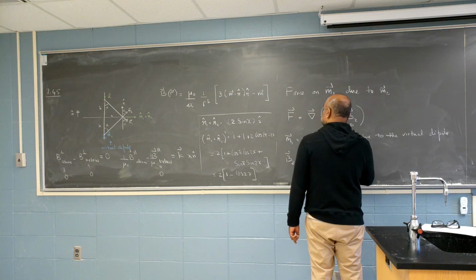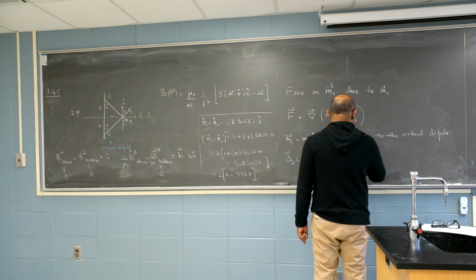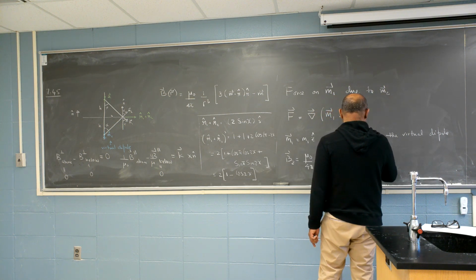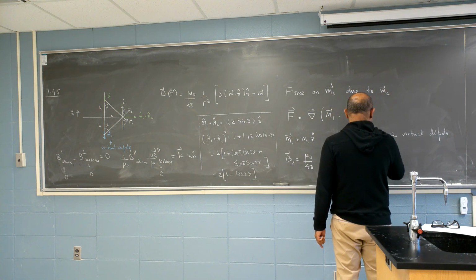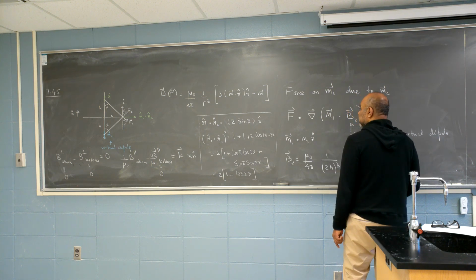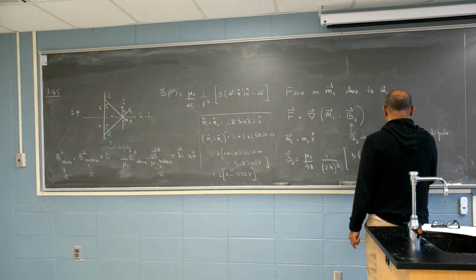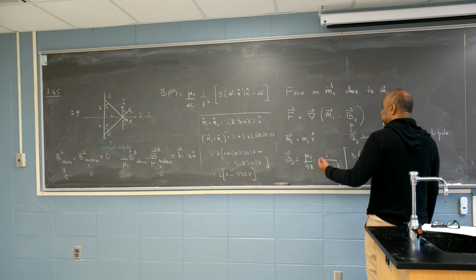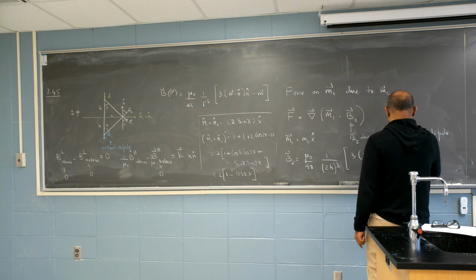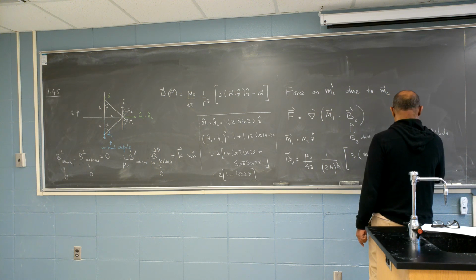Then I have 3 m1 z hat dot r hat, which is nothing but z hat, another z hat, minus m2, so that is plus m z hat.